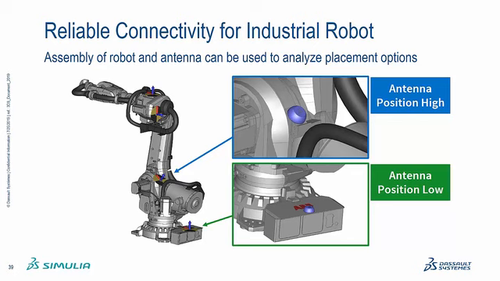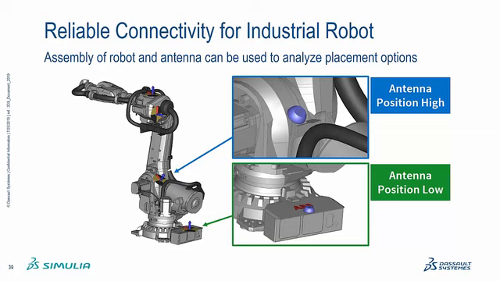This looks quite simple, but there are actually several things required here. You need an antenna design that you want to position, but you also need an accurate model of the robot. Not only of the robot, but of how it moves, what positions it's likely to be in, and the environment that it finds itself in.